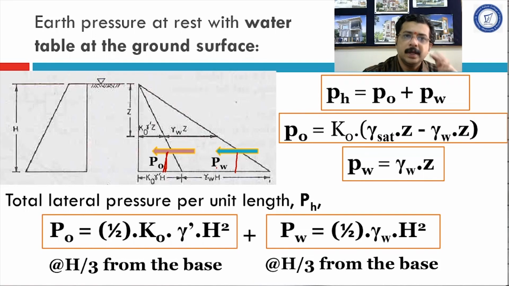Hence, what we will do, we will take the moment of total pressure about the base, and we will take the algebraic sum of the moments of P0 and PW about the base. We will equate them. Hence, we will be getting the final point of application of the total pressure. This way, we can find out earth pressure at rest when the water table is at the ground surface.